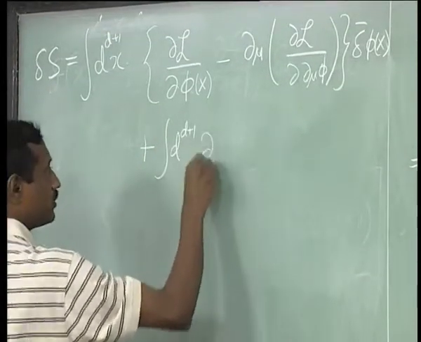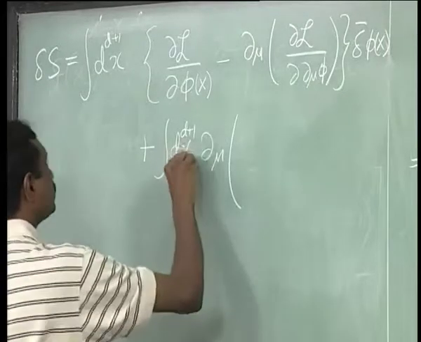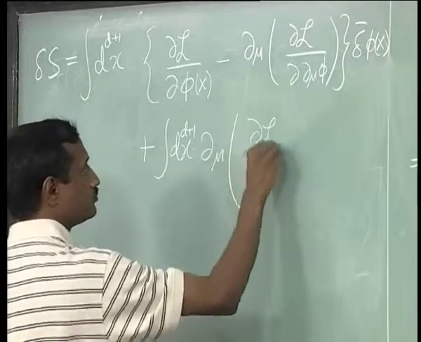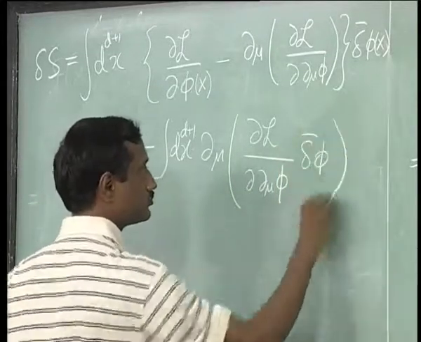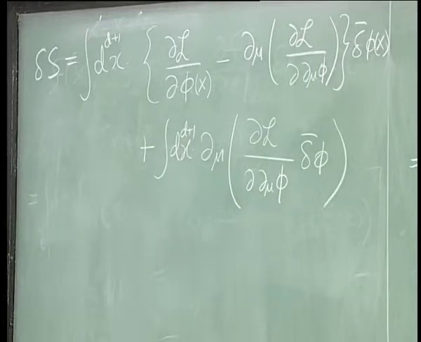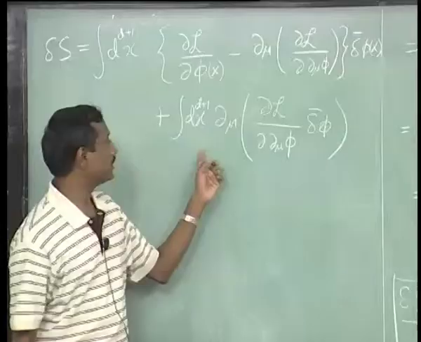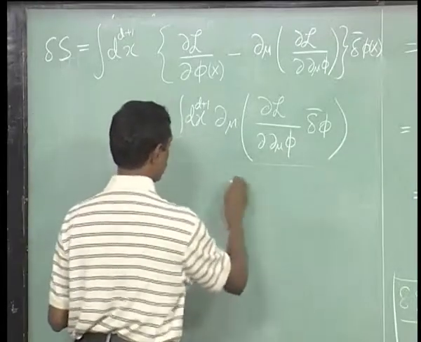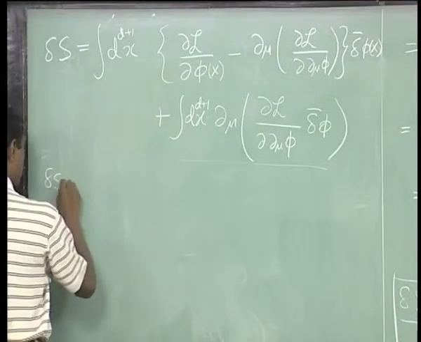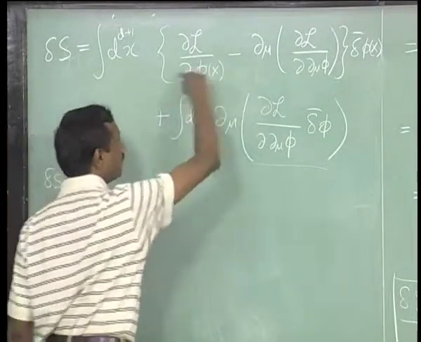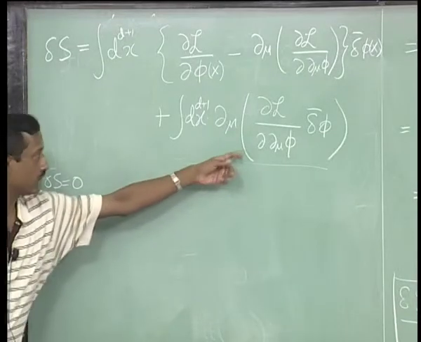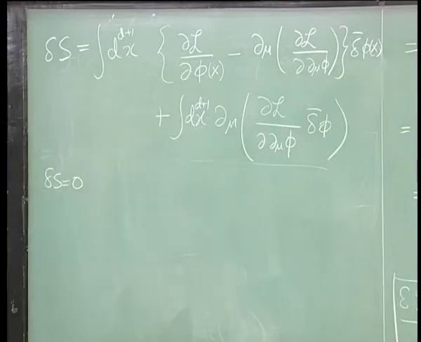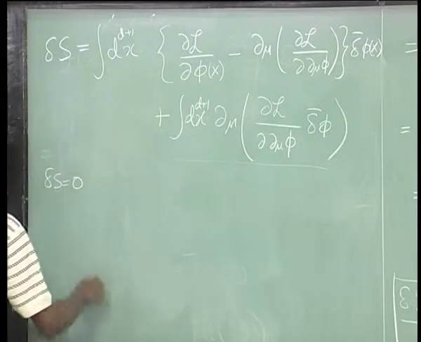The total derivative piece which I write out here. Okay. So, this is what we get. So, we have to worry about more terms out here. So, if delta S equal to 0, we will do it in two parts. As always we will say that the object in the curly braces is 0, but we will also need this surface term to vanish. So, let us look at the surface term first.